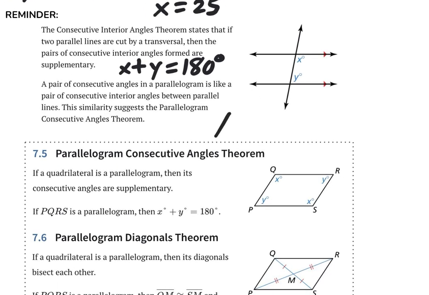We already kind of did an example like this. But if I tell you that this is a parallelogram, and I mark those sides as being parallel to one another, then if this is 80, what's the angle across from it have to be?